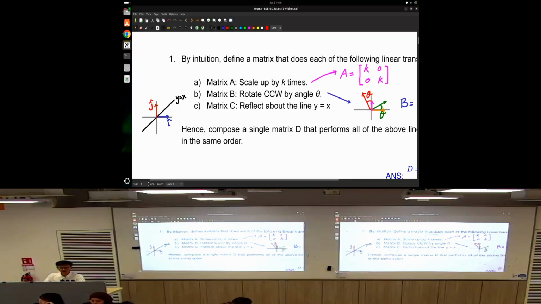Then if you reflect j over y equals x, it becomes I. So this tells us matrix C. The output vector here must be j, because I is reflected to j. So that means it must be 0, 1. Then similarly, the j vector gets reflected to I. So this must be 1, 0. That defines your matrix C. It's a reflection matrix.